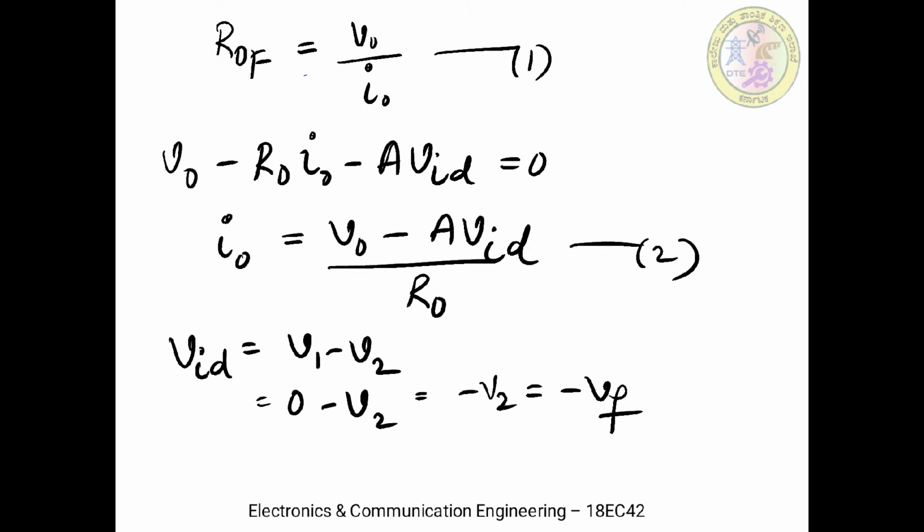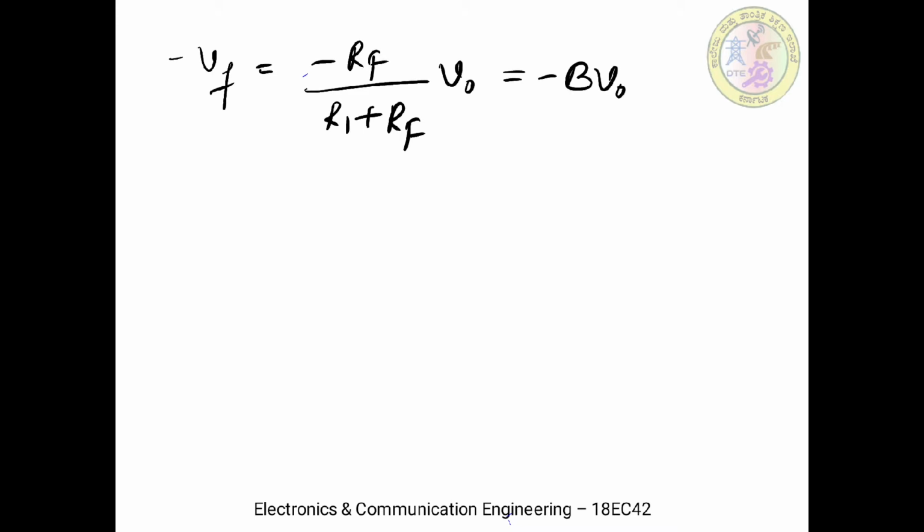So minus VF is equal to minus RF divided by R1 plus RF into V0, which is equal to minus B into V0, where B is RF by R1 plus RF. Therefore in place of feedback voltage VF we can substitute B into V0.